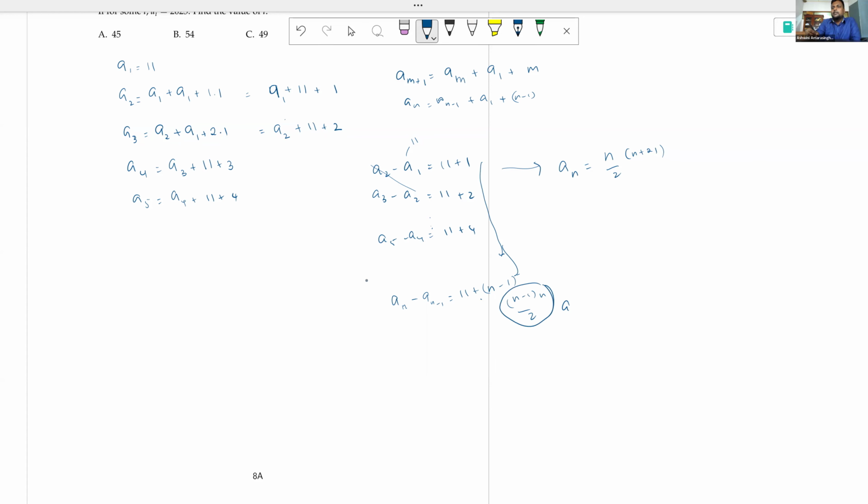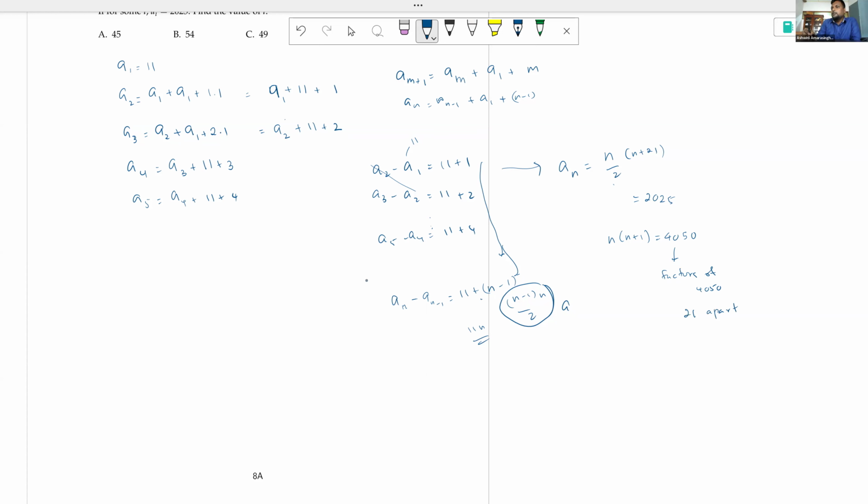Okay, and then here you have 11n. So if you do the computation, you're going to get this. For something, this is equal to 2025, which means you have n times n plus 1 is equal to 4050. So look for factors of 4050 that are 21 apart.